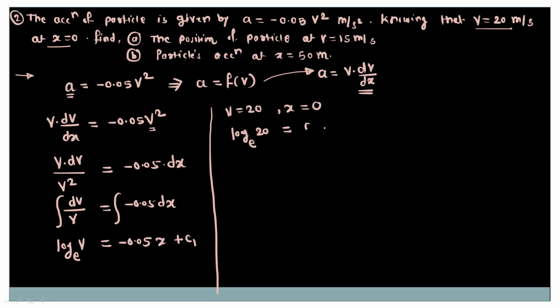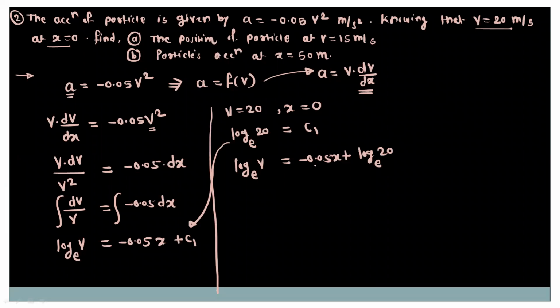So we will get c1 directly as log 20. Put this value of c1 in this equation. So log v to the base e is equal to -0.05x plus c1, which is log 20 to the base e.